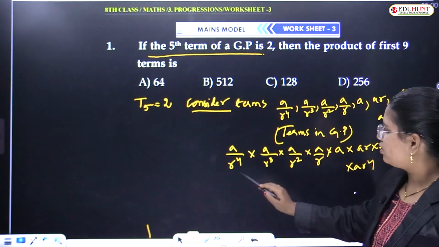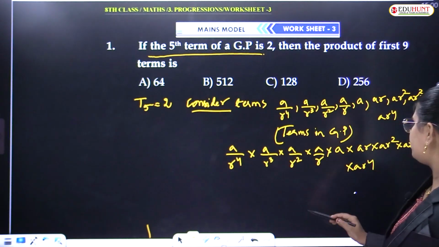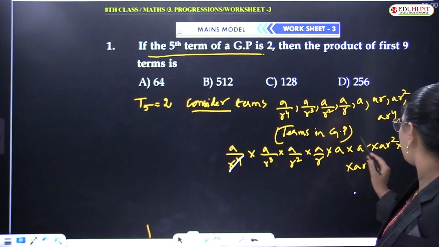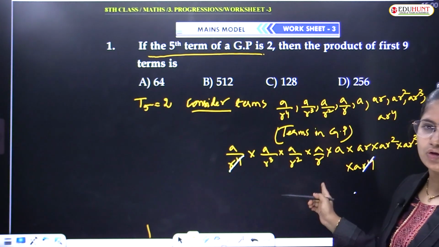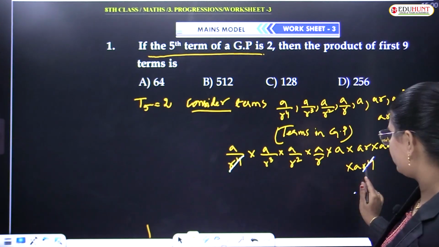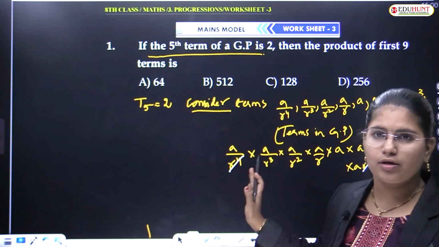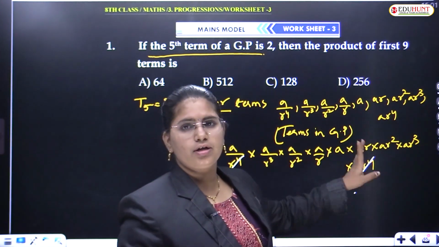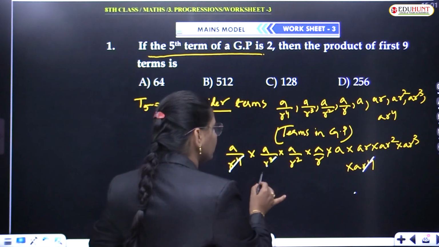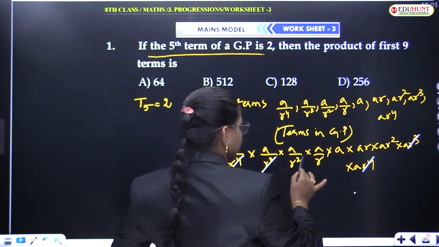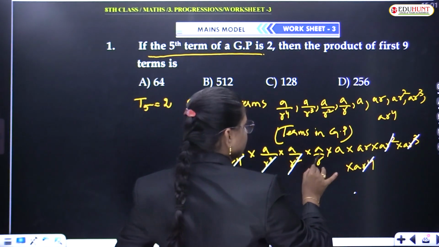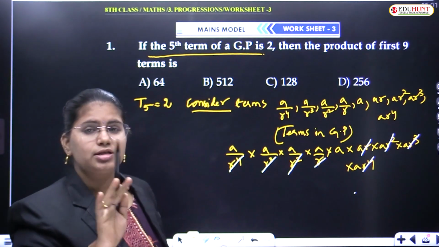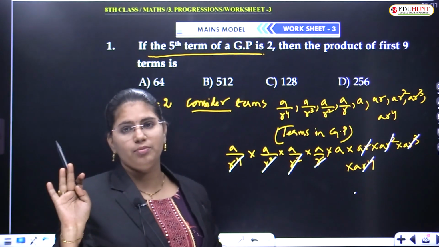Please cancel all these terms. R power 4 and R power 4 are cancelled. One is in the numerator, the other is in the denominator. Can you see here? Next, R cube is cancelled. R square is cancelled. R is cancelled. That is the reason I am taking these type of terms, so that the problem becomes easy.